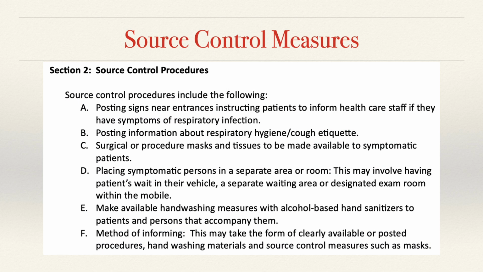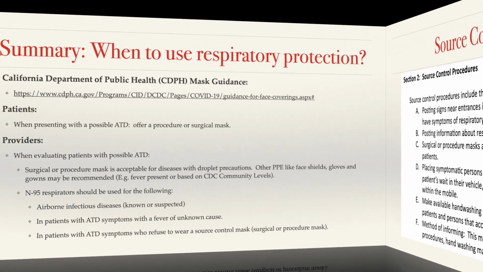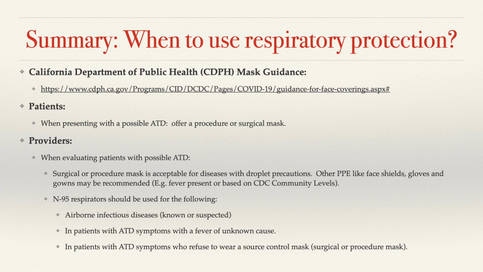This may involve having patients wait in their vehicle, a separate waiting area, or a designated exam room within the mobile. Make available hand-washing measures with alcohol-based hand sanitizers to patients and persons that accompany them. Method of informing. This may take the form of clearly available or posted procedures, hand-washing materials, and source control measures such as masks.